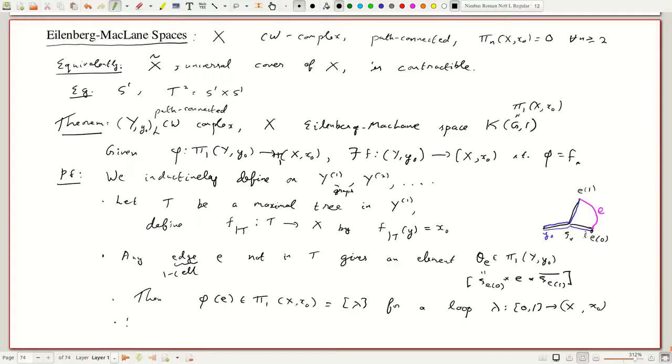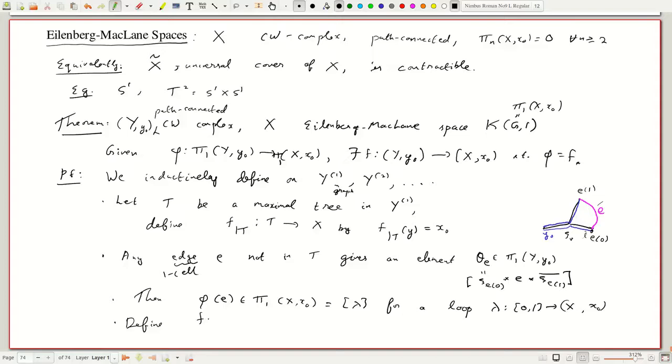So we can simply define f of a point E comma s. This is how we would do it in the case of graphs. Here we will want to instead write it formally slightly differently. We will define f on a one cell.